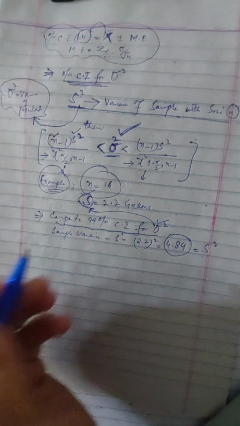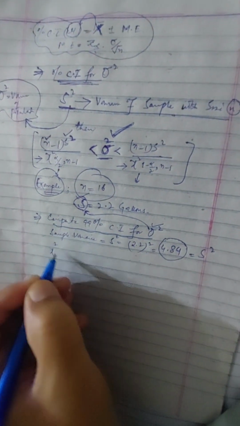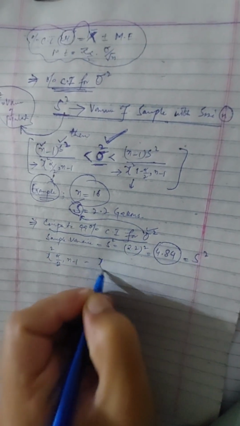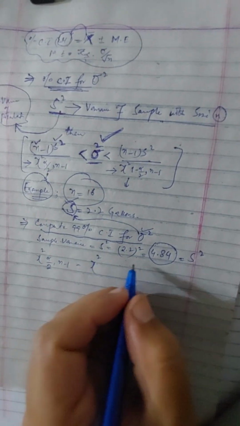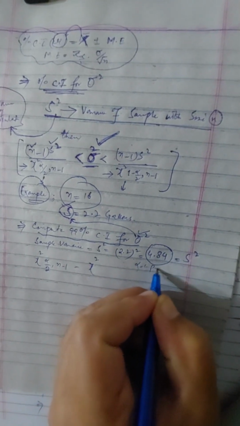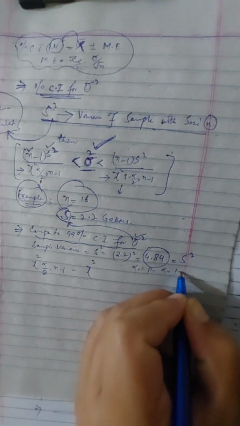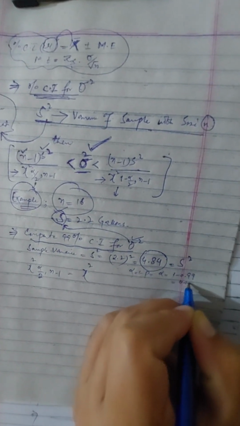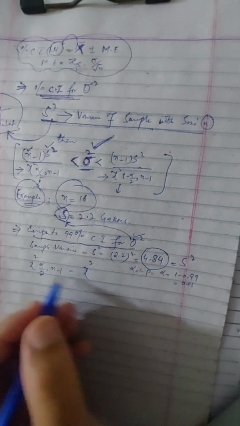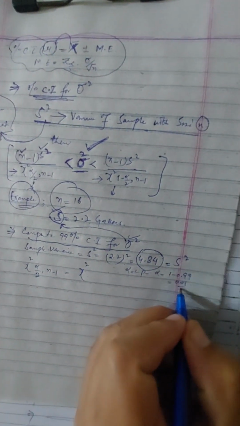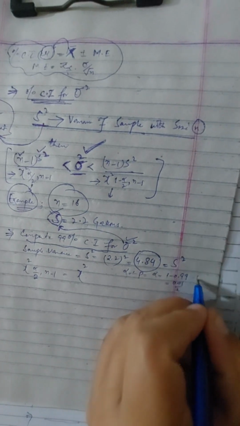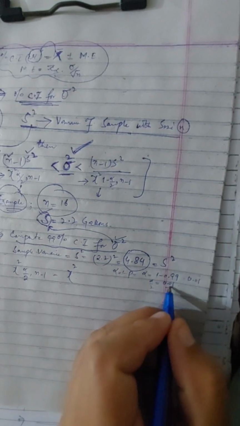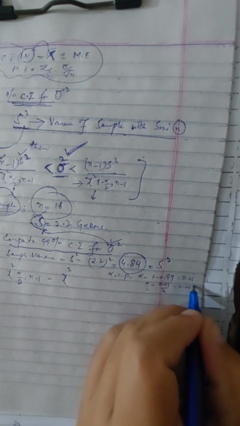The chi-square value for alpha by 2 and n minus 1: alpha is equal to 1 minus 0.99, so it will give us 0.01, and alpha by 2, 0.01 divided by 2, will give us 0.005.